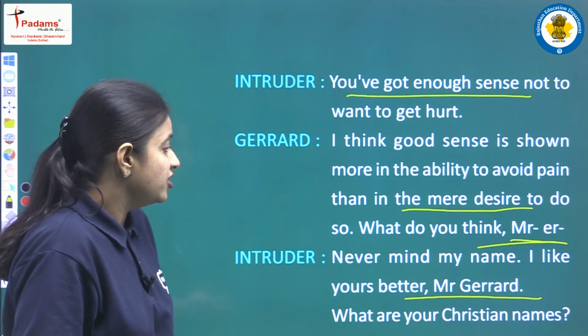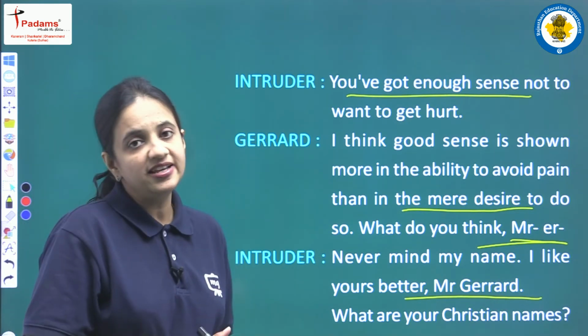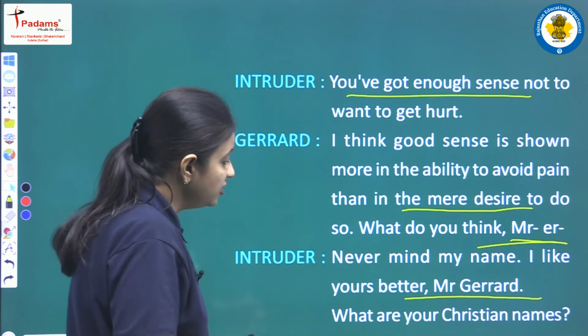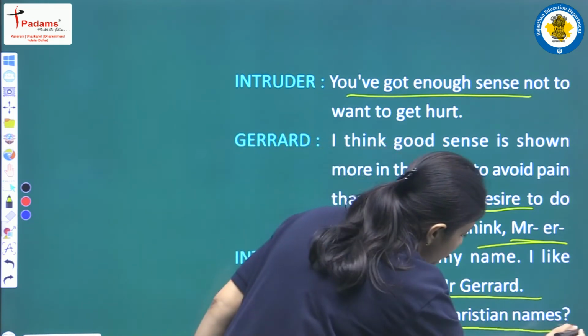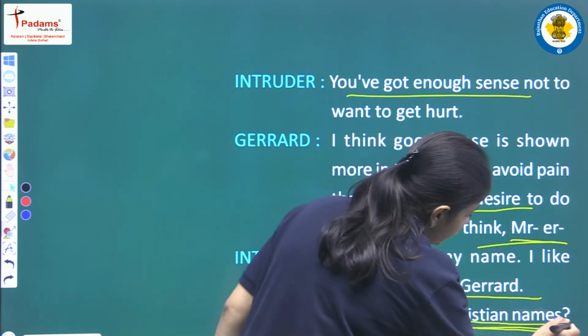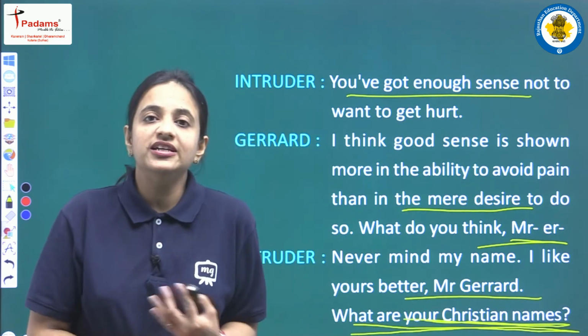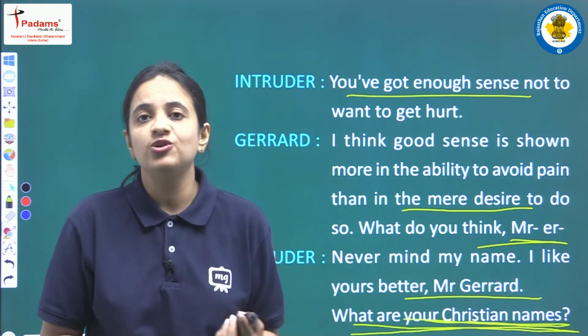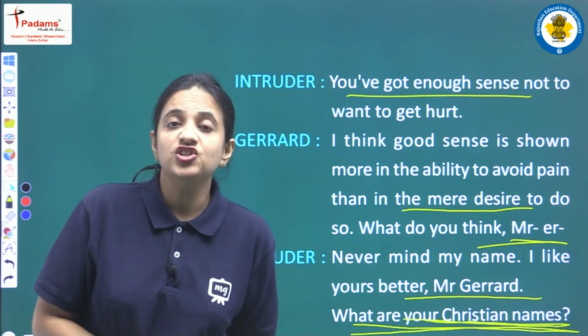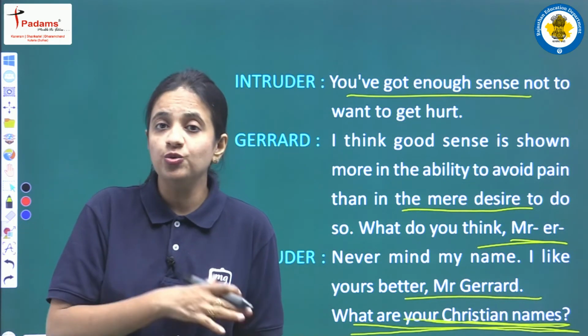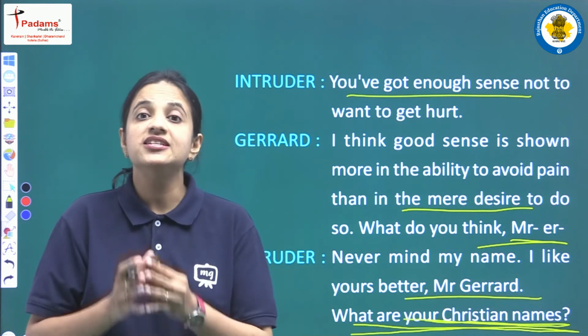What are your Christian names? Next he asks Gerald what his Christian name is. So students, what do Christian names mean? When Christians go to church for the very first time, one name is given to new babies in the church, and that name is known as the Christian name.